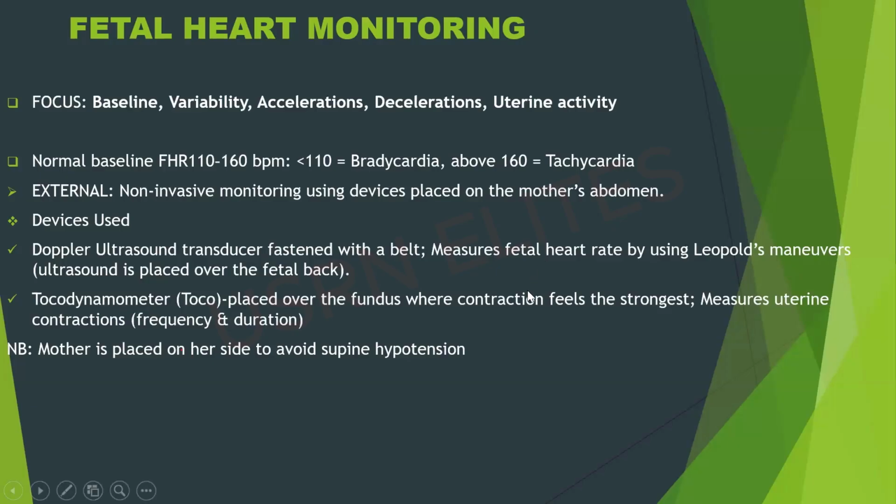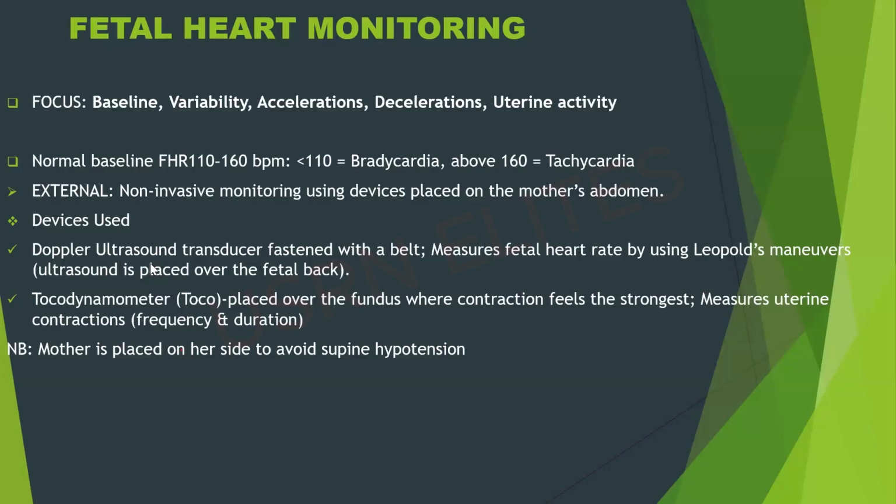That is, the ultrasound is placed over the fetal back, where the fetal heart rate can be heard most. That's the Leopold's maneuver that they use to place the ultrasound transducer. It's a transducer that converts the sound so that it can be viewed on the monitor.